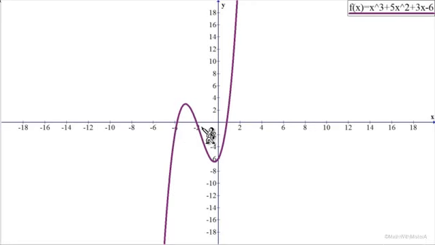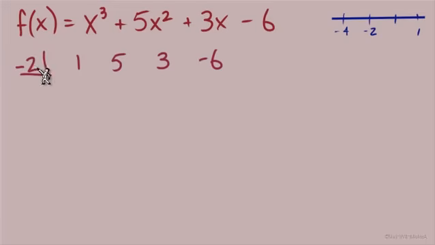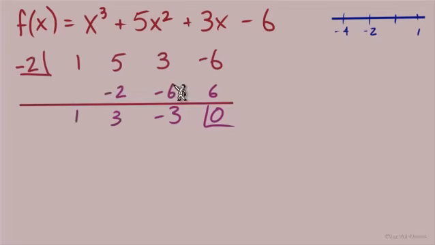Negative 2, I think, is going to be my try, and even a closer look makes me think that's not really on positive 1. It's a little bit less than 1, so we're going to have to try synthetic division with negative 2. Setting it up, the 0 at negative 2, and our coefficients positive 1, 5, 3, and negative 6.